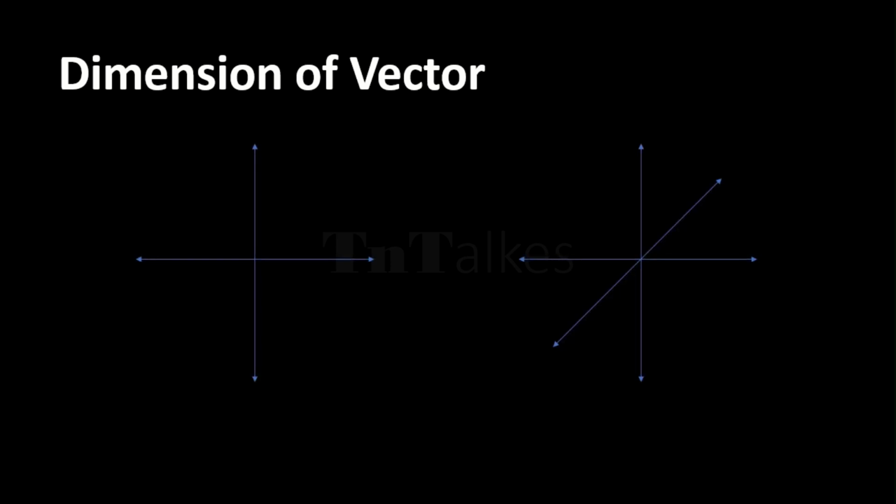Vectors have two dimensions that are 2D and 3D. Here D stands for dimension. The vector which lies in x-axis and y-axis is the two-dimensional vector.